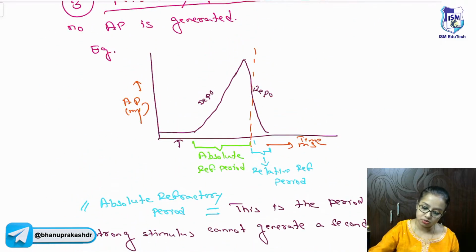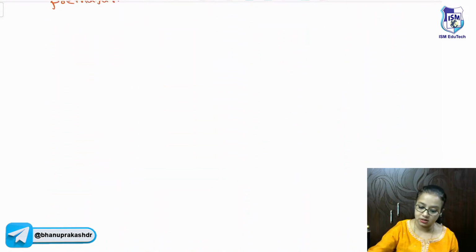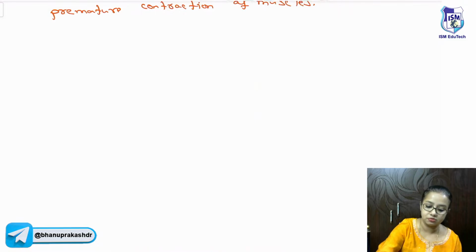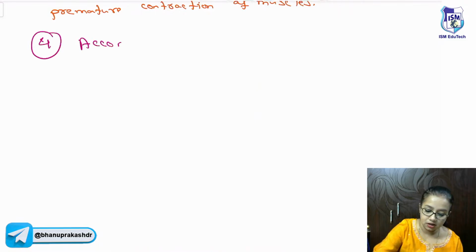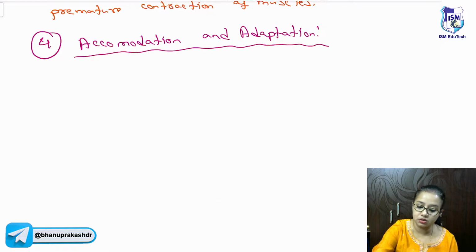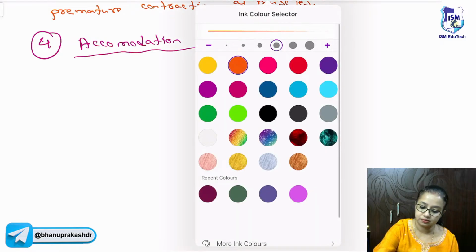Now, in context to these properties of the nerve, there are two other properties of a nerve fiber: accommodation and adaptation. What is accommodation and adaptation?